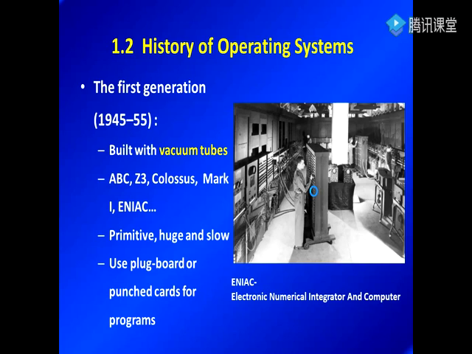Besides ENIAC, we have ABC, Z3, and some other computers, but they are all built with vacuum tubes, and they are all primitive and run very slowly.